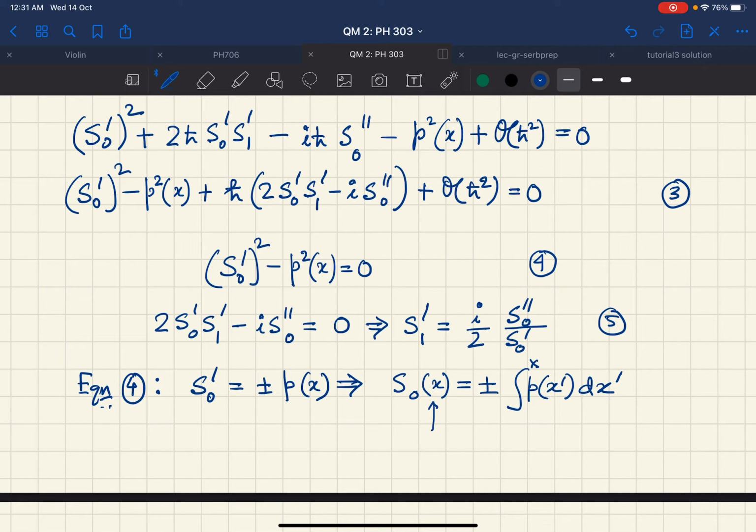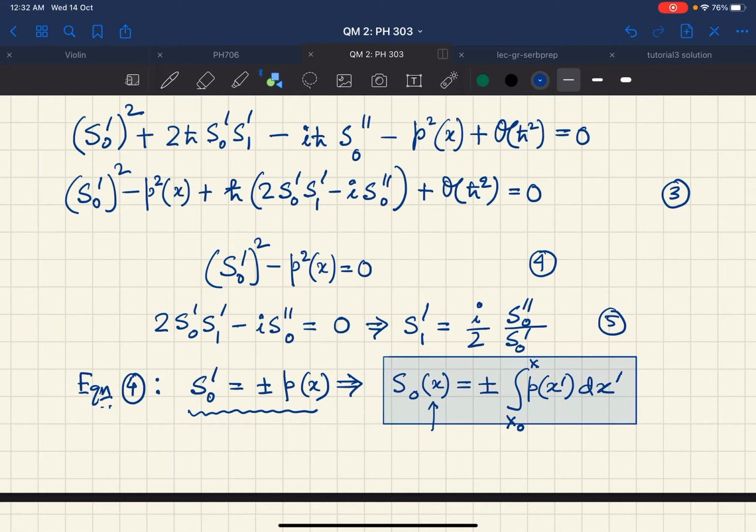But we know that we are getting this solution of s0 by solving the first order differential equation which we have written here. Since it is a first order differential equation, it must have some constant of integration, which should therefore be the lower limit, and let us denote that by x naught. So this is all very easy.